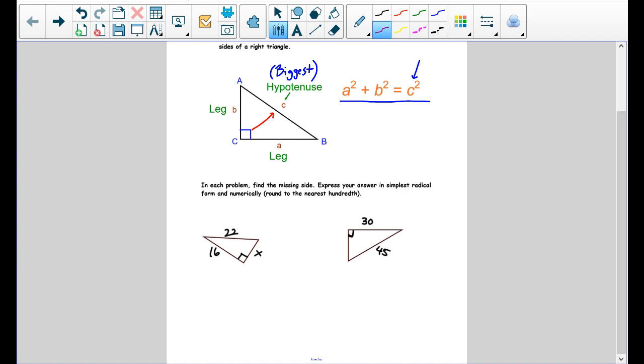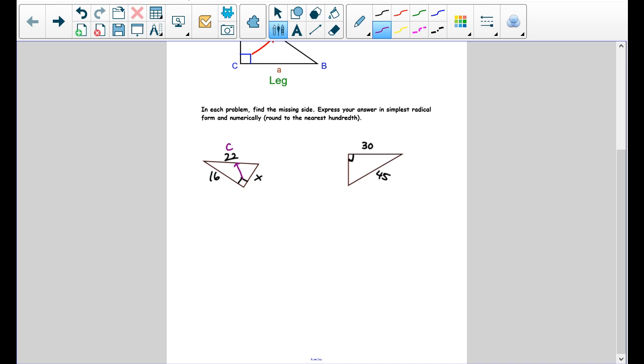So again, when we have a right triangle, and this only works with right triangles, okay? Find that c value first. So here's my 90, opposite. So this is my c. A and b don't necessarily matter. You can switch them, it's still okay. All right? So we have our formula here: a squared plus b squared equals c squared.